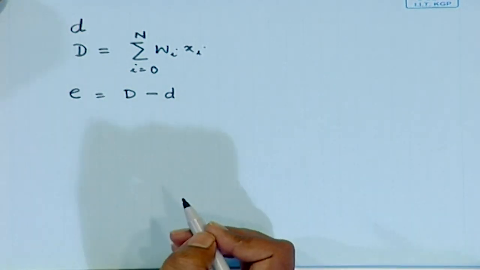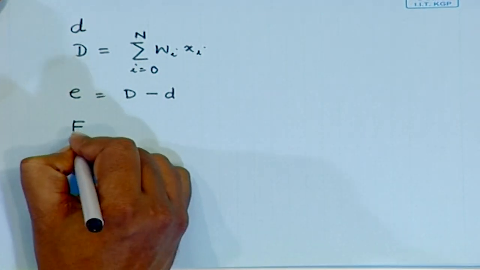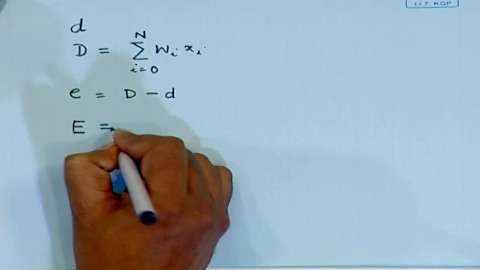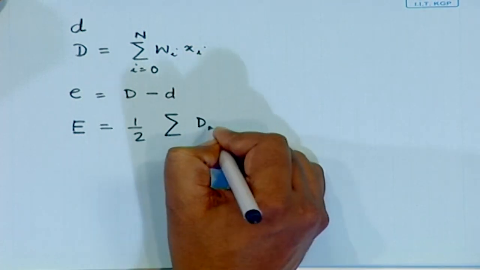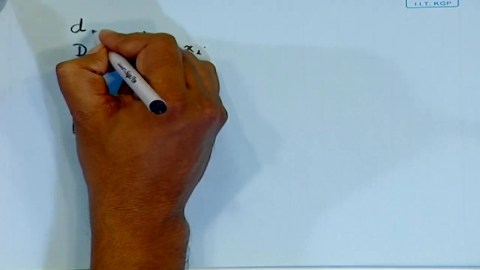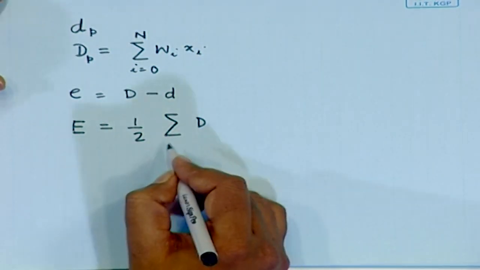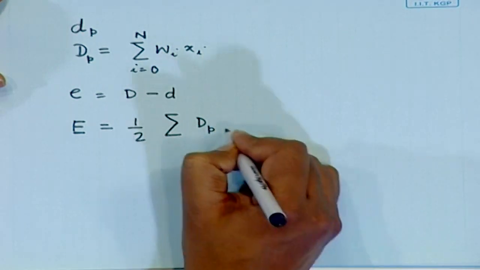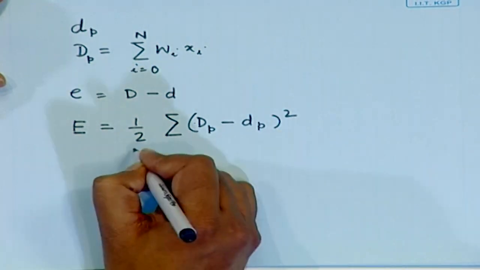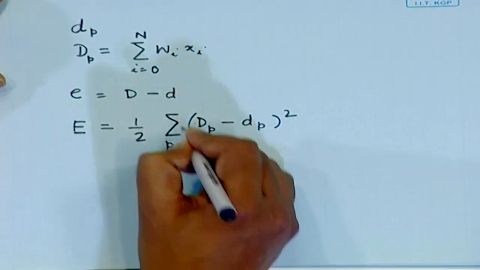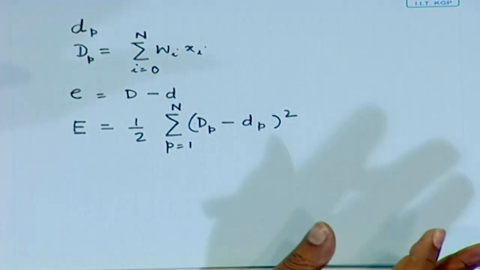I can have a sum of squared error from this. Let me write it as capital E, which is nothing but half of the summation of (dp minus the actual output for the pth sample) squared, where p varies from 1 to capital N, where capital N is the total number of training samples.